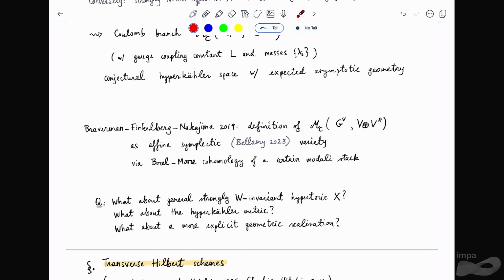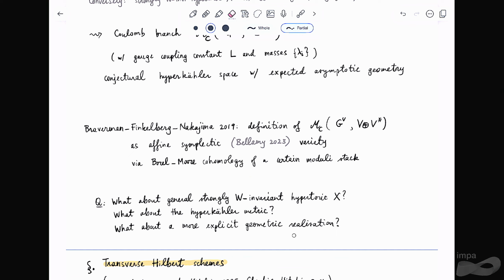One can ask, the main question being, is there any hint that these spaces carry hyperkähler metrics? Is there a definition that includes this slight generalization where we go from representations to elements in the coordinate ring?